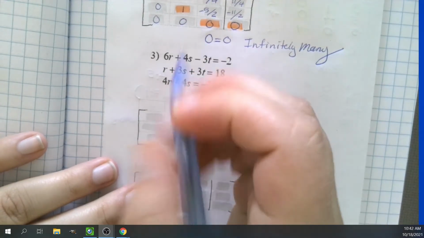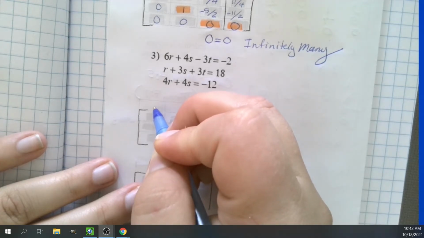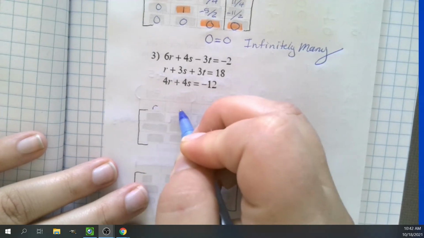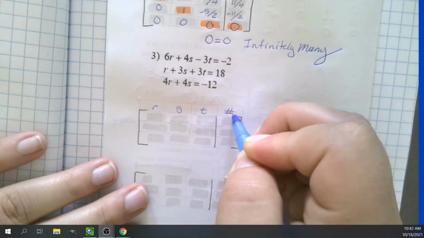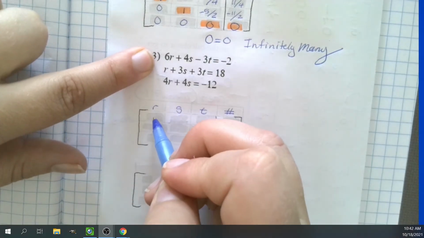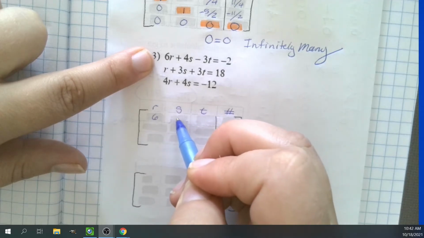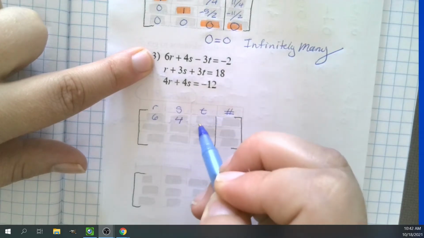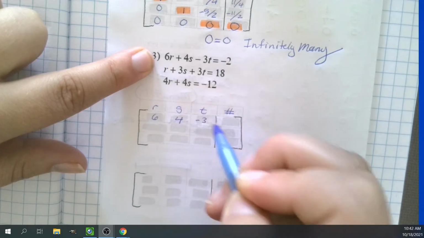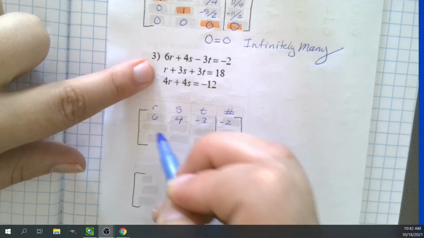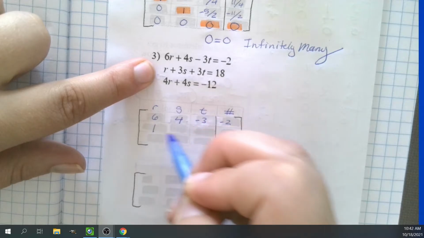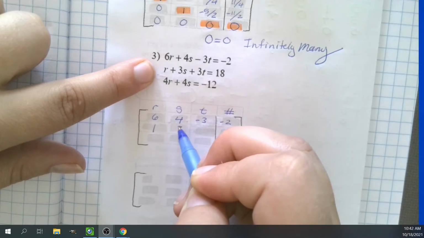Let's label it. What should this row be? R, S, T, number. How many R's? 6. How many S's? 4. How many T's? What's our constant? How many R's? 1. How many S's? 3.